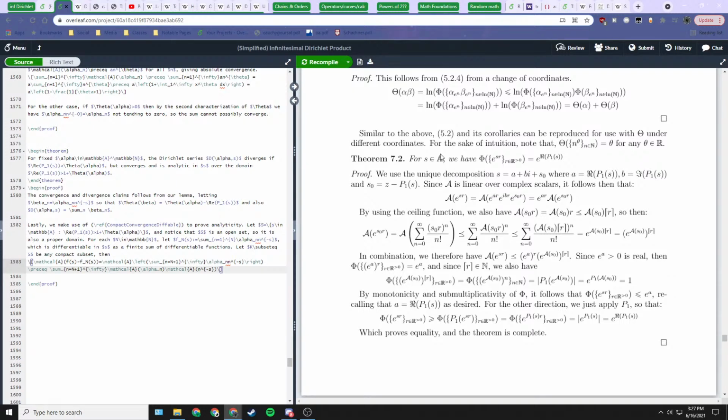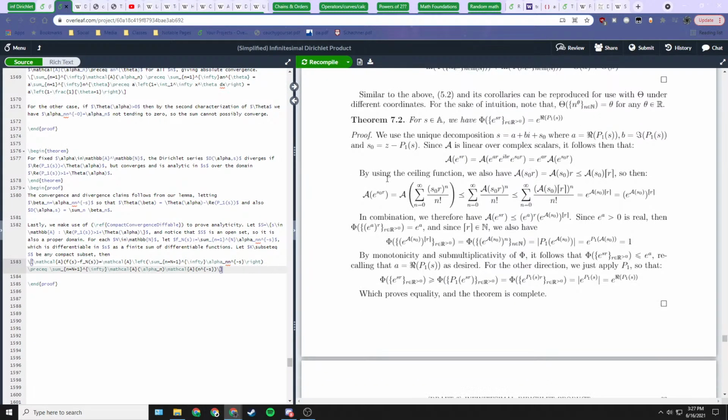If we trace this whole theorem here, we decompose s. We have the absolute value of e to the sr is this, and then this is bounded by this. And actually, I think that's maybe enough. Actually, we don't even need n, do we? Or we don't need r. We can just do this part without the ceiling.